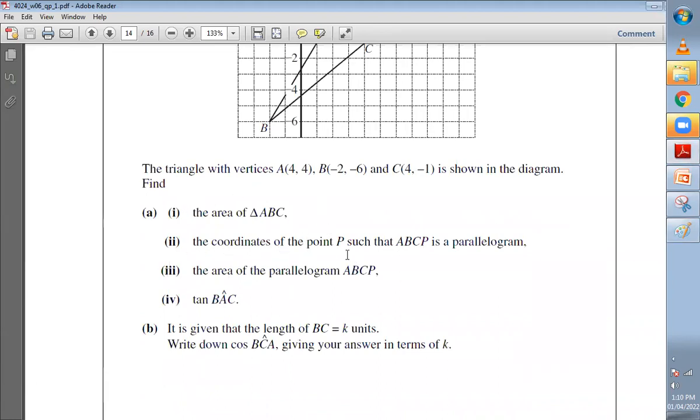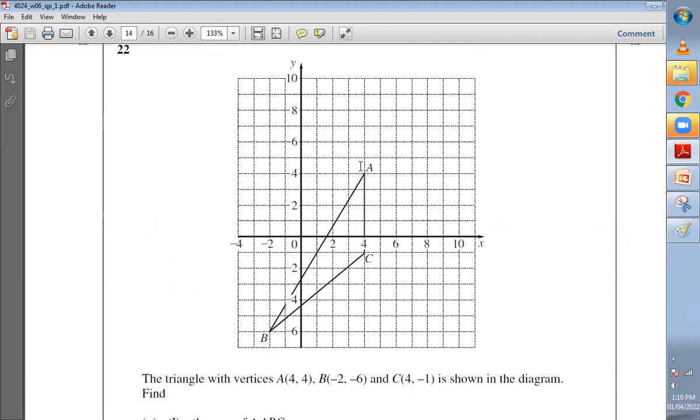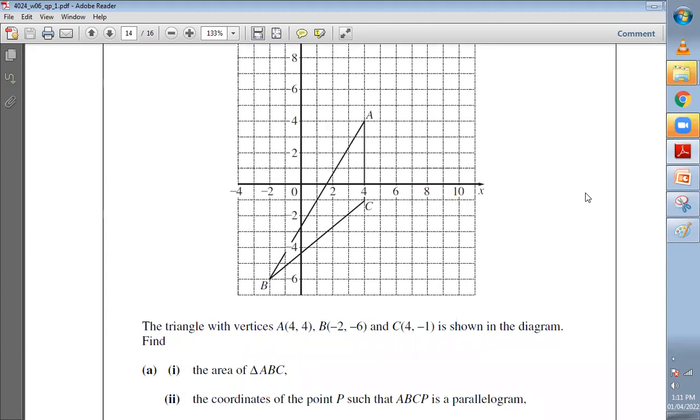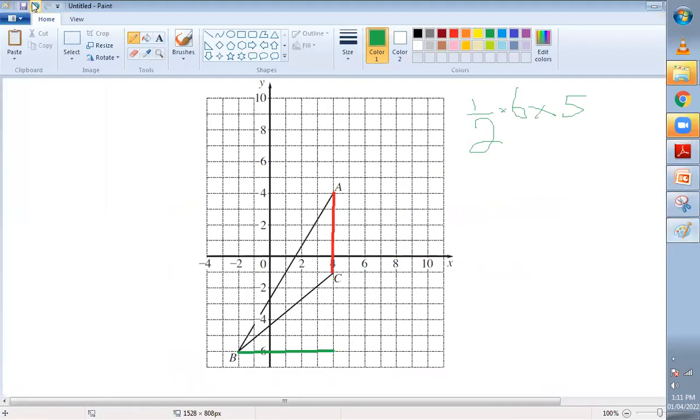Then he asks for the coordinates of the point P such that ABCP is a parallelogram. He's saying A, B, C, and P is somewhere here, and it will make a parallelogram. Let me show you how this parallelogram is made.